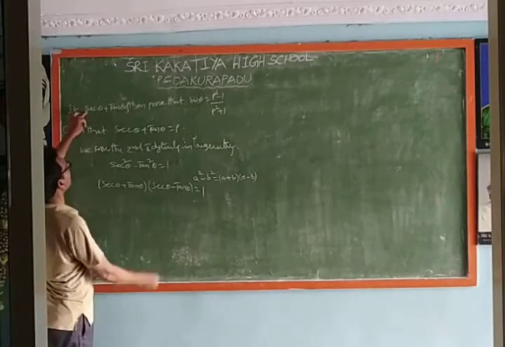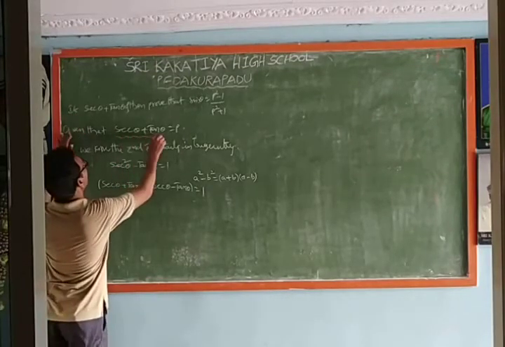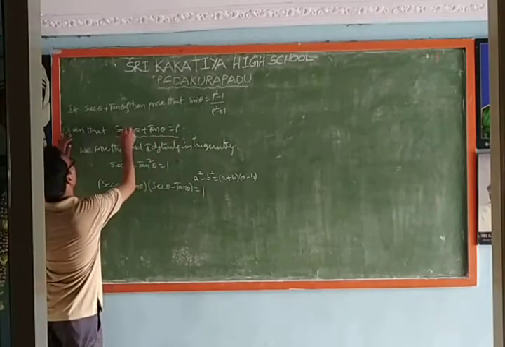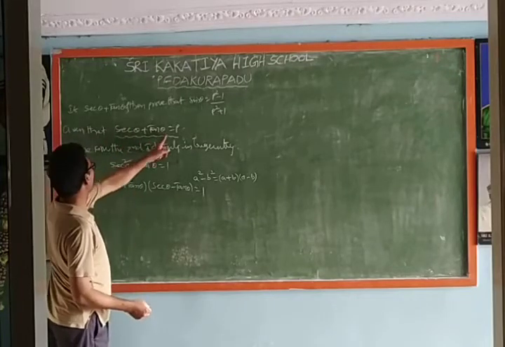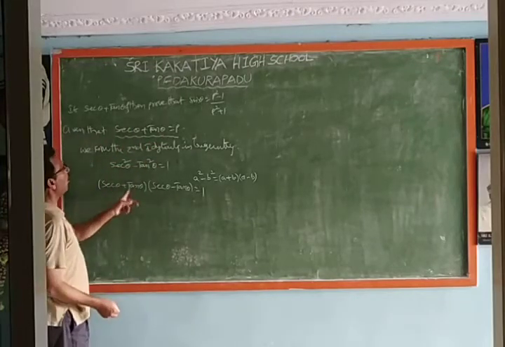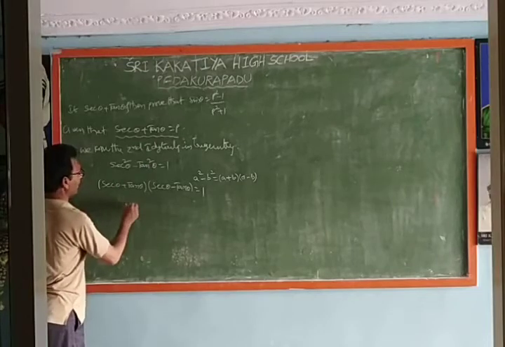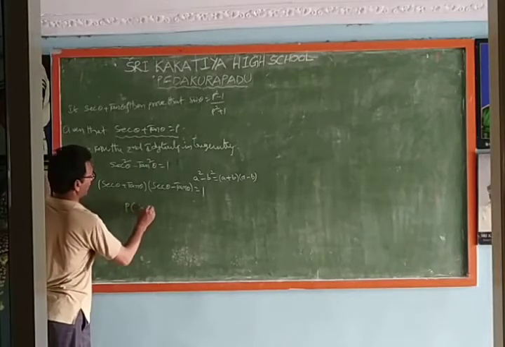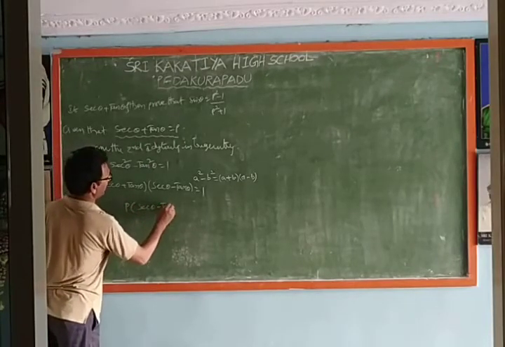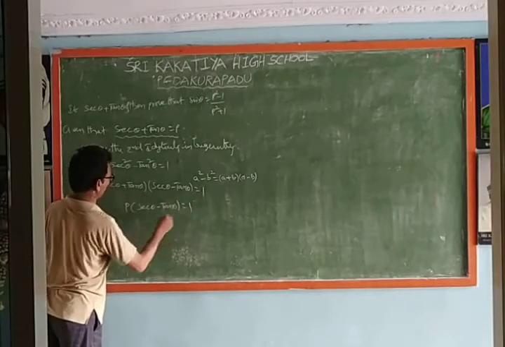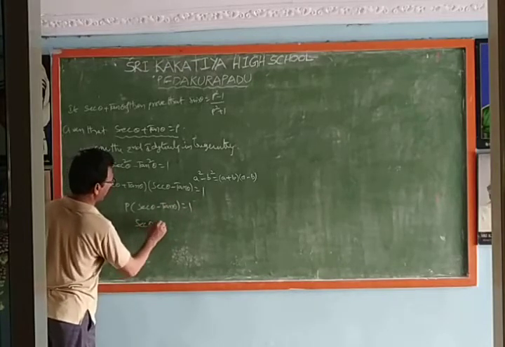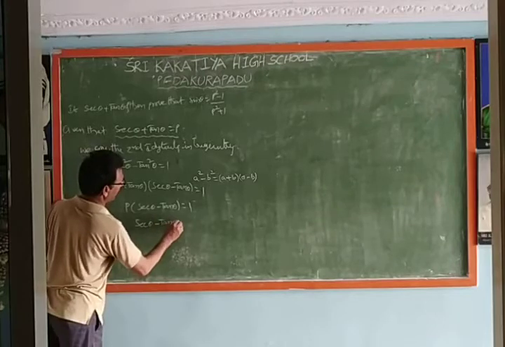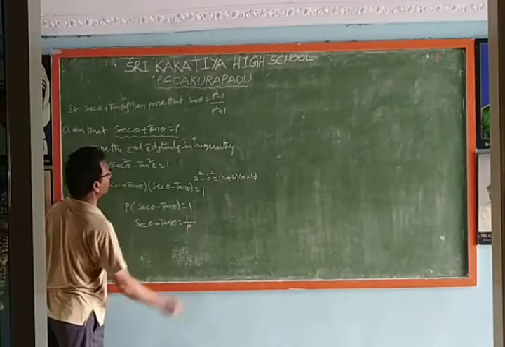Here, what is given? Secant theta plus tan theta is equal to p. Instead of secant theta plus tan theta, we write p into secant theta minus tan theta is equal to 1. That is, secant theta minus tan theta is equal to 1 by p. Listen once.